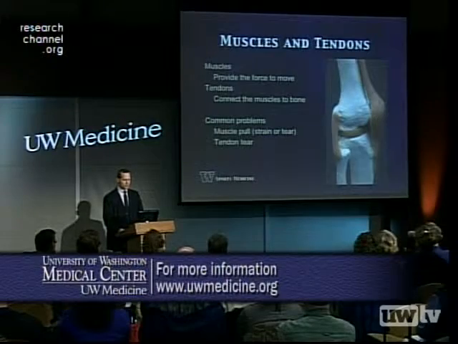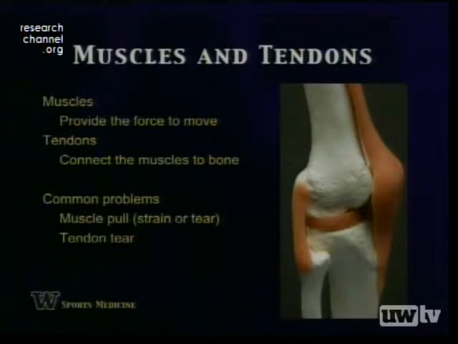Muscles and tendons are the connection that provides the force for activity. It's the muscles that actually provide the force, and the tendons that connect the muscles to the bone. Common troubles with the muscles are a pulled muscle, which is a muscle strain or a partial tear of a muscle, or a tendon injury such as a tendon tear.